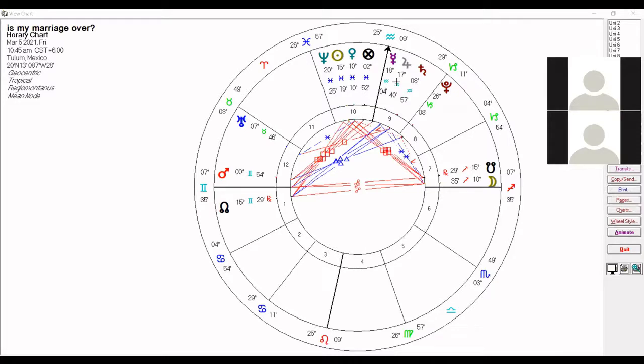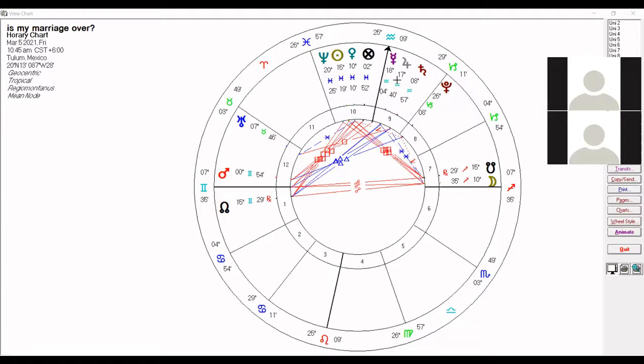So in this chart, what do we have here? A faster planet, Mercury, is at a higher degree than a slower planet, Jupiter, right? So that kind of looks like separation. That is a separation, right? That's exactly what we would call a separation.